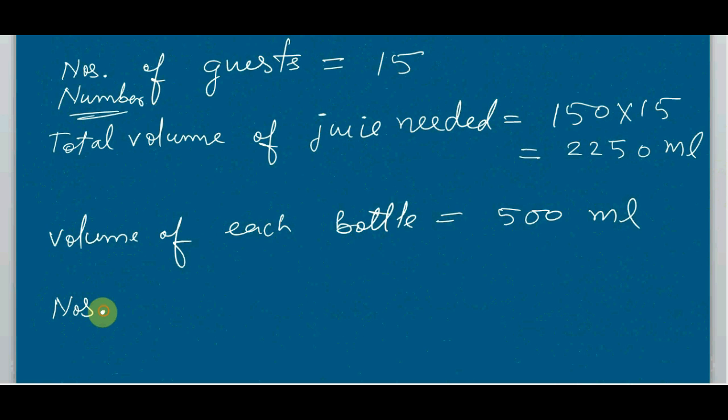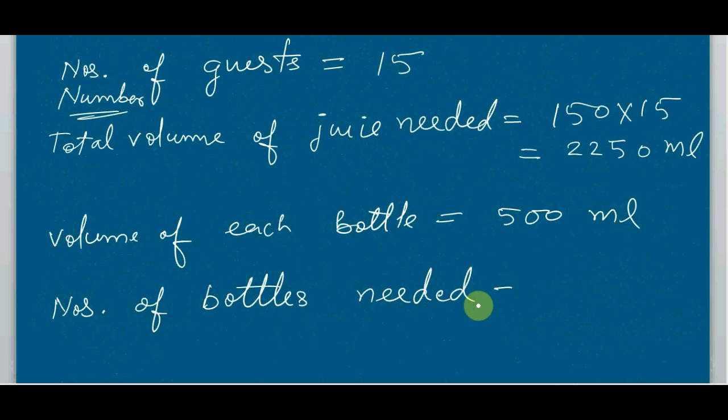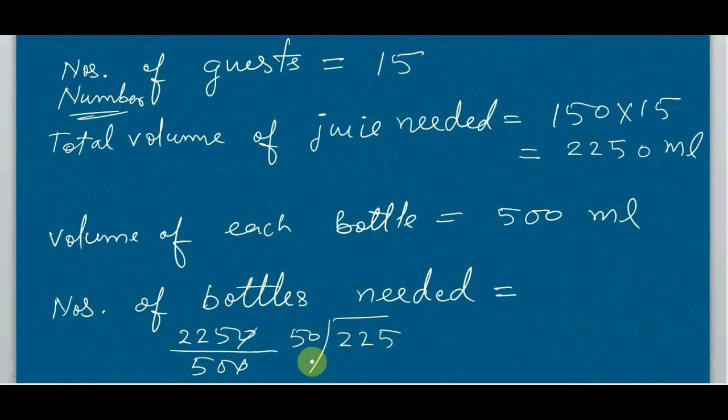So numbers of bottles required, because bottles are countable, numbers of bottles needed or bought by Rohan equal to, you have to divide it, 2250 divided by 500. Okay, you can cancel 10 and 10, so 225 divided by 50. When you divide, you will get 4.5.